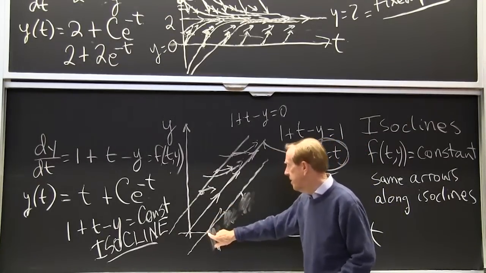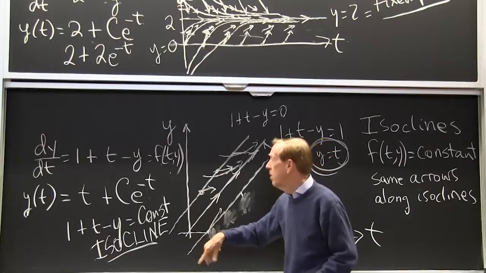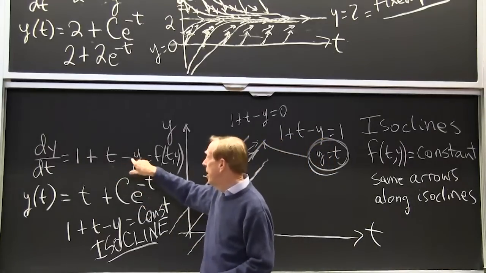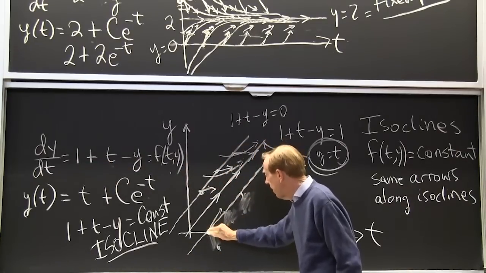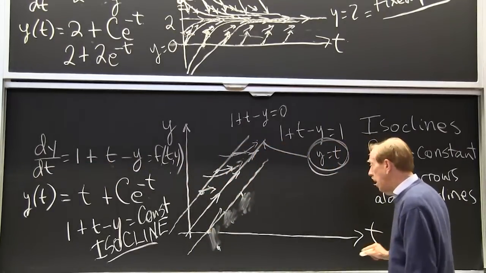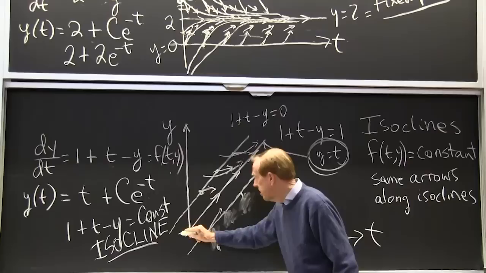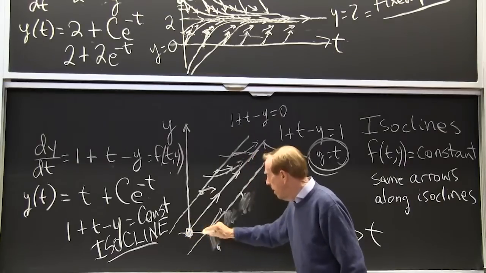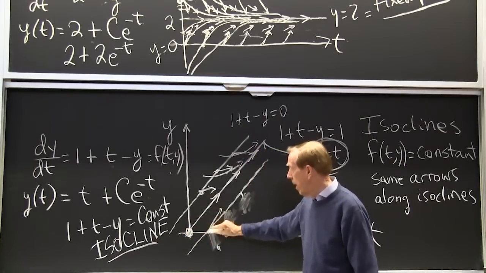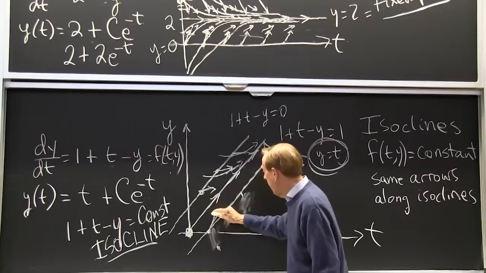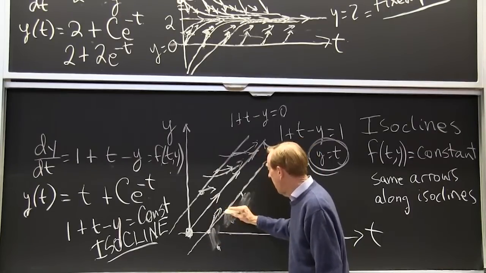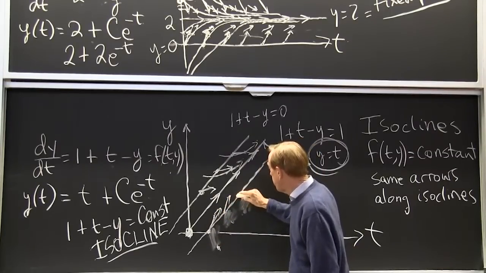If t is, let's say, 1 and y is 0, I have a slope of 2. Good. Here is 0, 0. Here's the point t equals 1, y equals 0. The slope came out to be 2. It went up that way. So along that line, the slopes are going up.